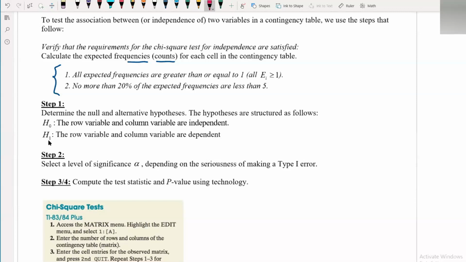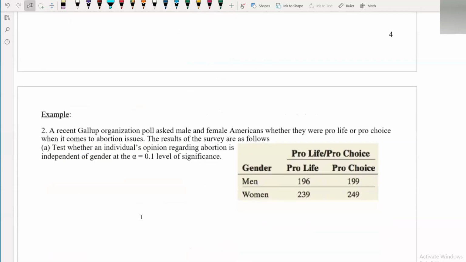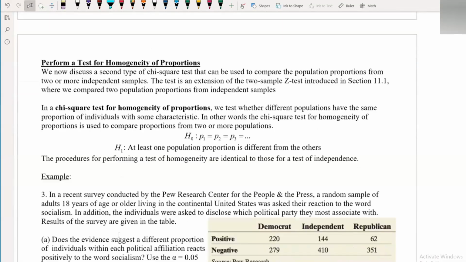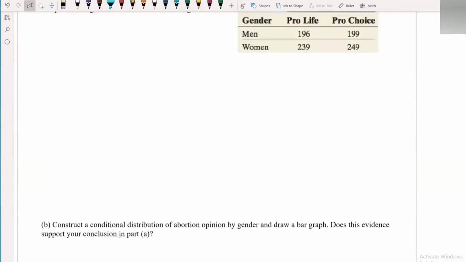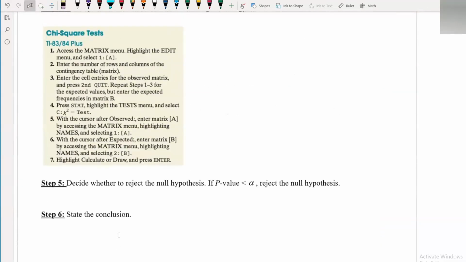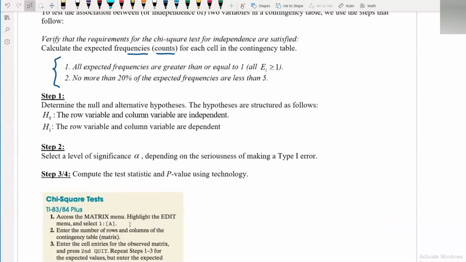In another example that I have on page number 6, I will write the proportions that are equal. So let's see what we have here. The row and column variables are independent. For this part, we always have are independent for null, and for alternative, are dependent. We can write are dependent, or we can write are not.